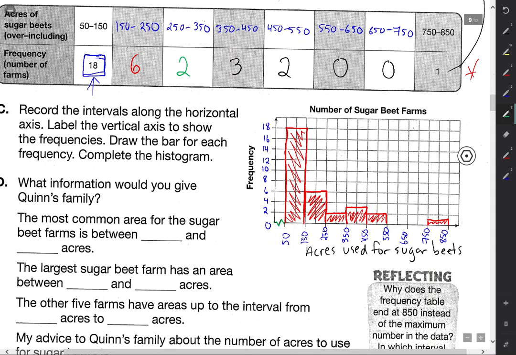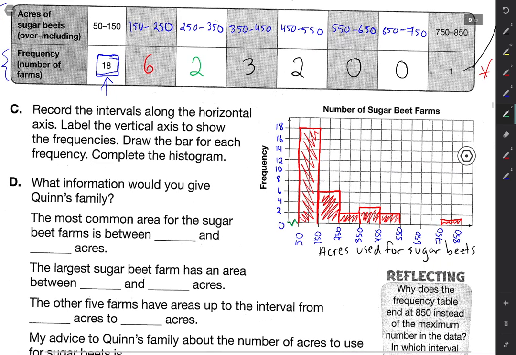So now let's analyze this graph a little bit. What information would you give Quinn's family? The most common area for the sugar beet farms is between blank and blank acres. Well, clearly, the highest frequency, and remember, frequency is the number of farms in this case. So the most amount of farms lie between how many acres?